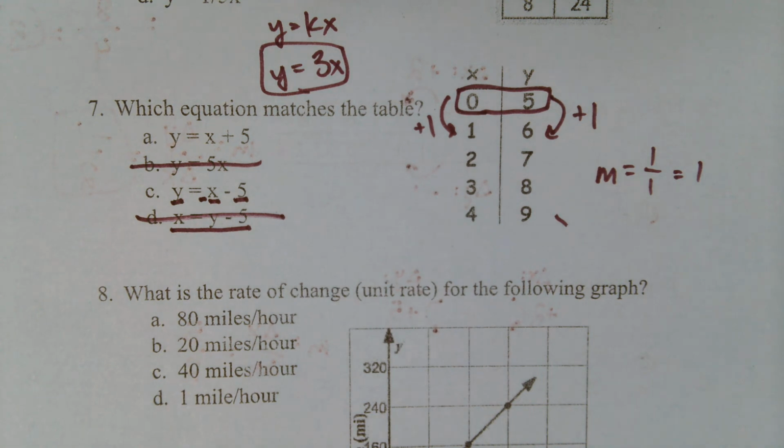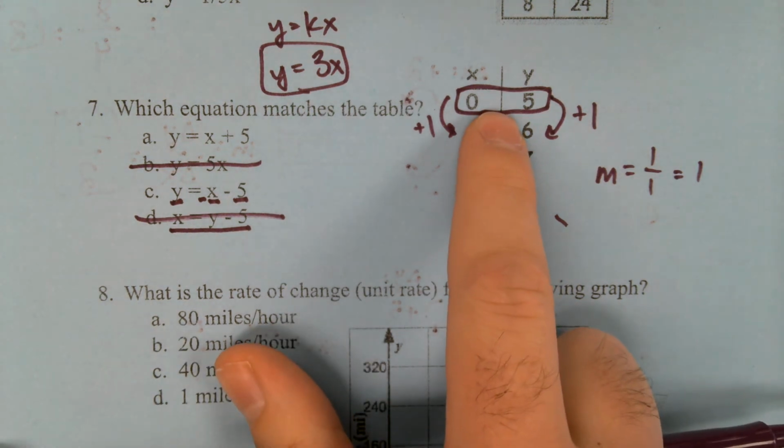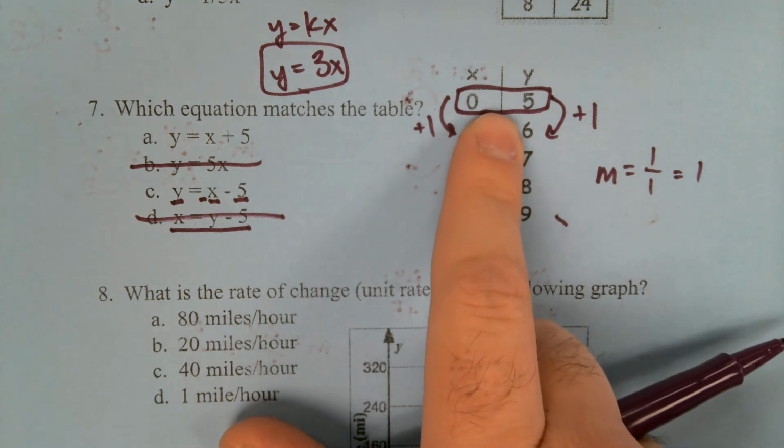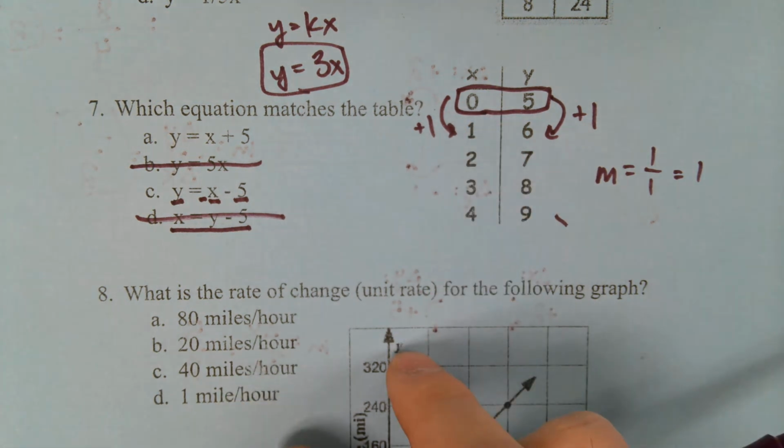Now the only difference we're looking for is between the plus 5 and the minus 5, right? How do we know what our y-intercept is? Is it on the table? Yeah, in fact I boxed it up. Our y-intercept is wherever x is 0, right?